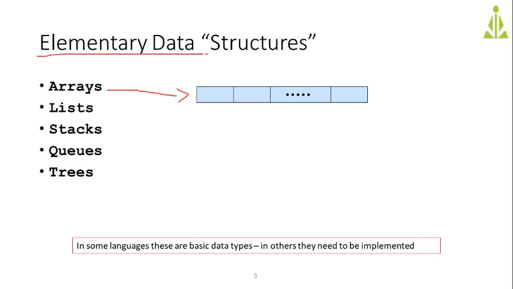The elementary data structures are array, list, stack, queue and tree. The next one is list, which may be vertical or horizontal, but the items should be connected one by one like this.